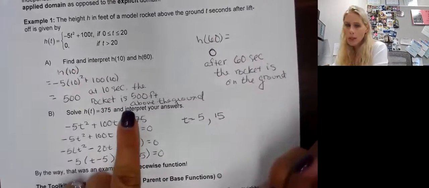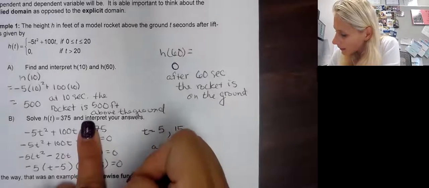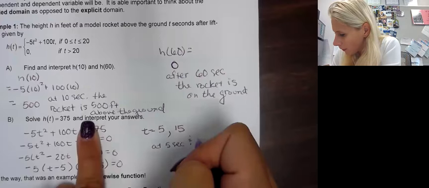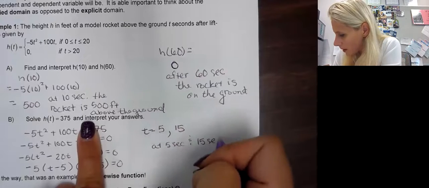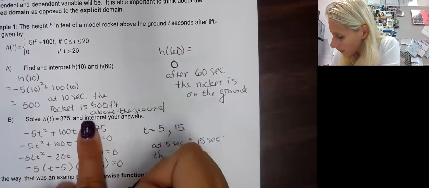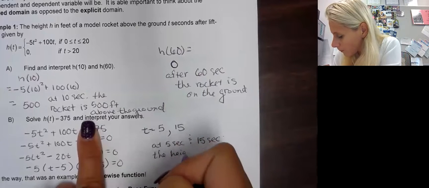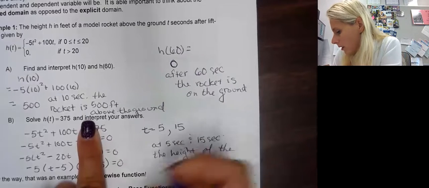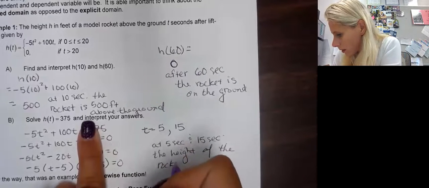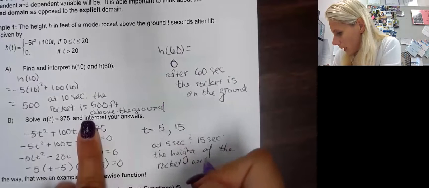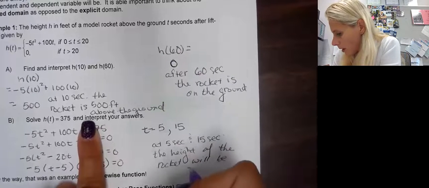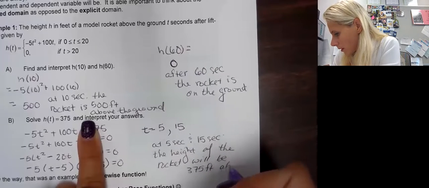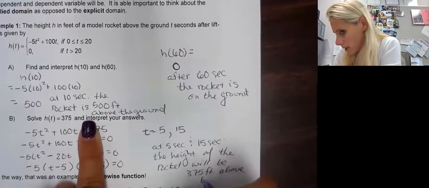So it says interpret, so we have to write down at 5 seconds and 15 seconds, the height of the rocket will be 375 feet above the ground.